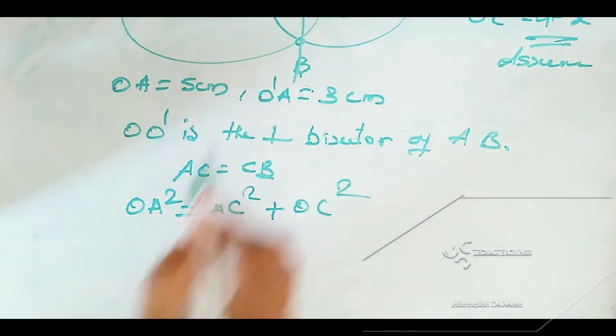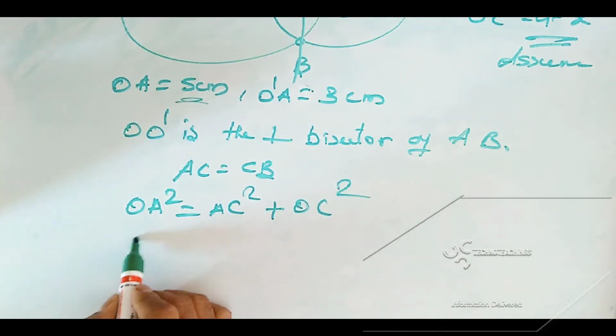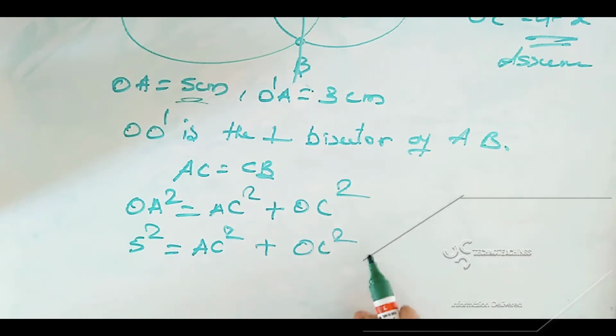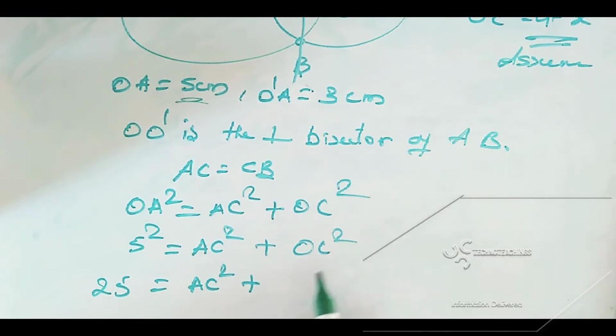Now we have OA is 5, square equals AC square plus OC square. We don't have any value for AC, so I'll write AC as it is. Now I'll substitute this and calculate the 5 square: 25 equals AC square plus OC square. I don't know what OC is, so I'll keep this OC as X and substitute OC square as X square.